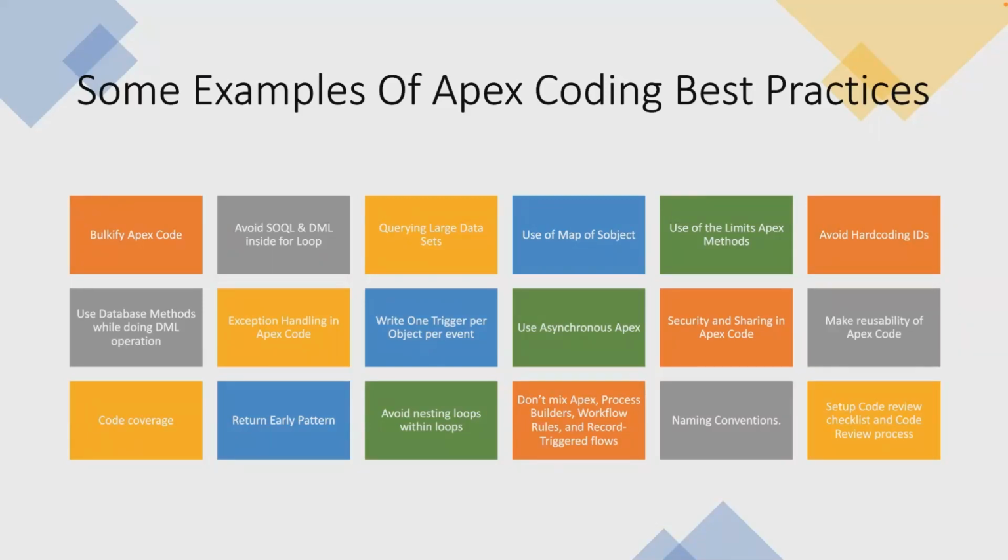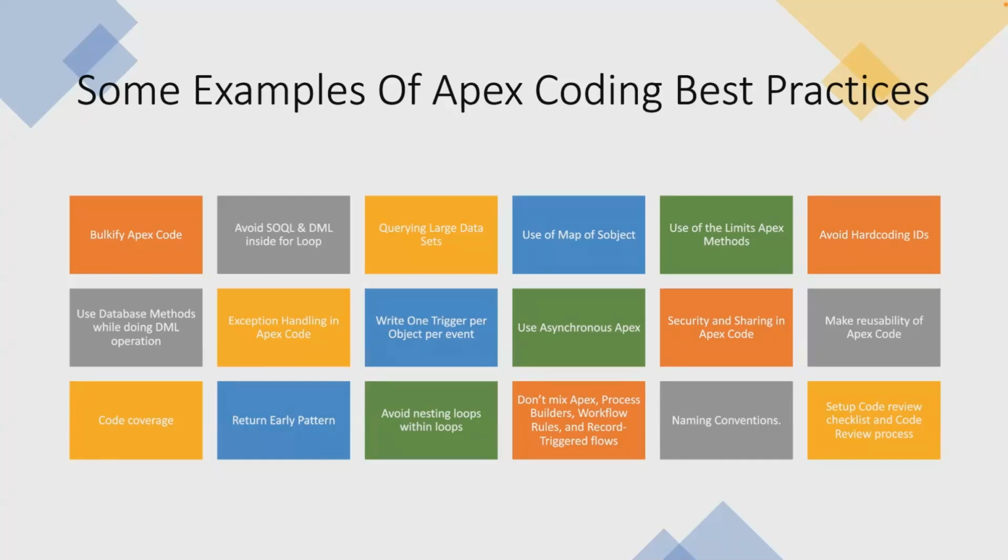So readability will be a problem. Next is setting up a code review checklist and code review process. We always have to follow the code review process whenever we are done with any piece of development or any enhancement in any project.